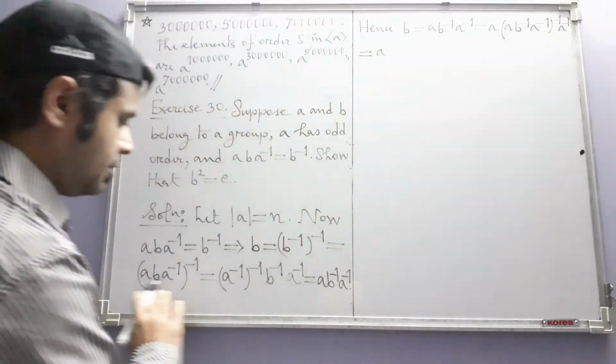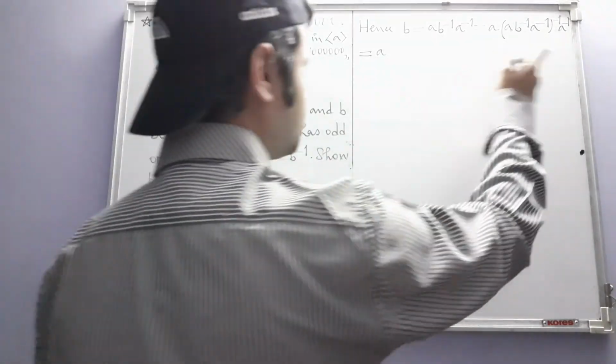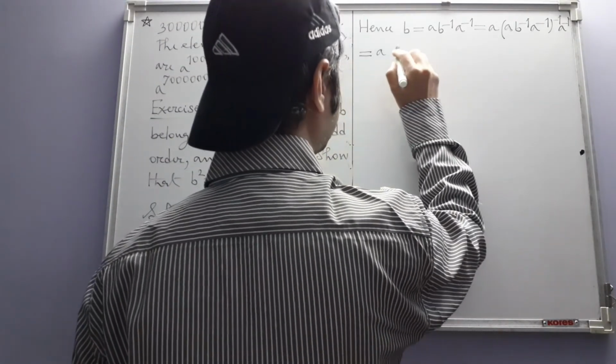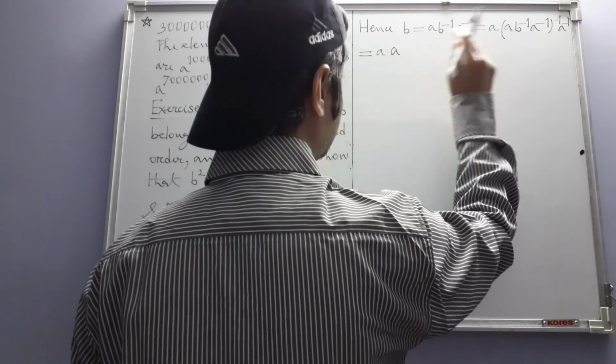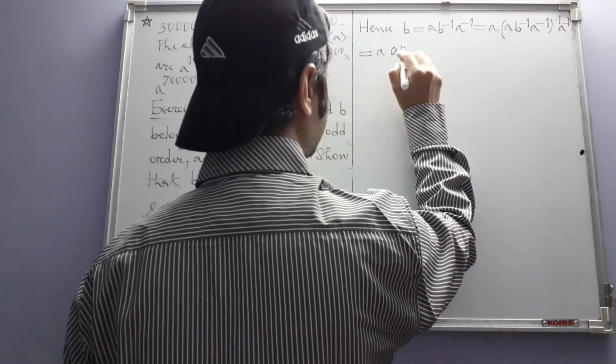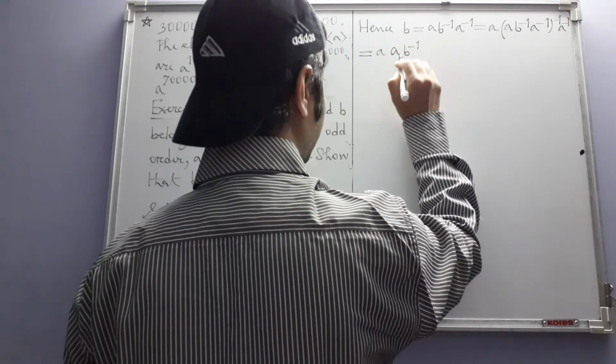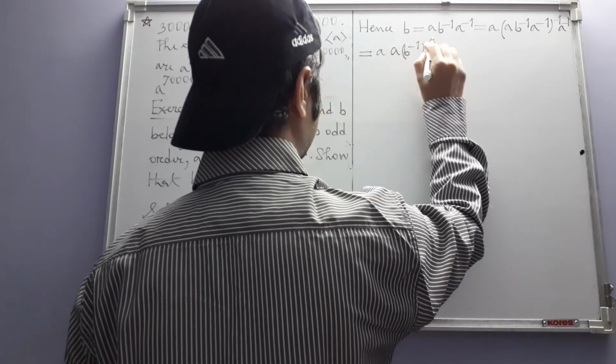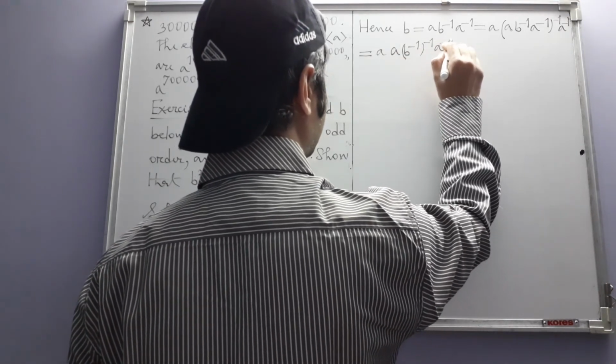So just like that, this calculation, if we proceed, what shall we get? A inverse will be A. Oh, that's why we need odd. Yes, we will need odd n.